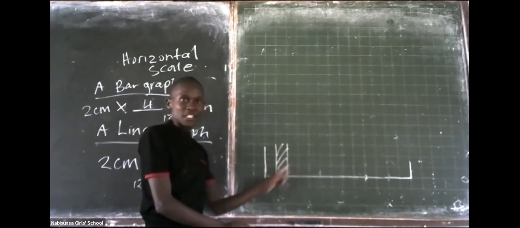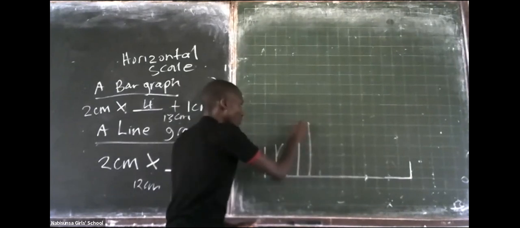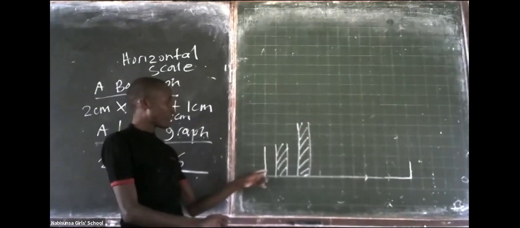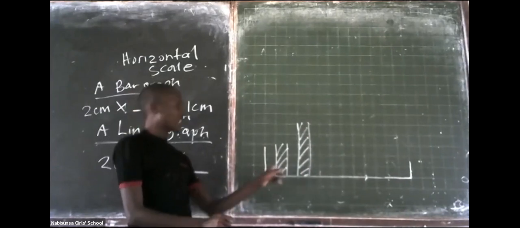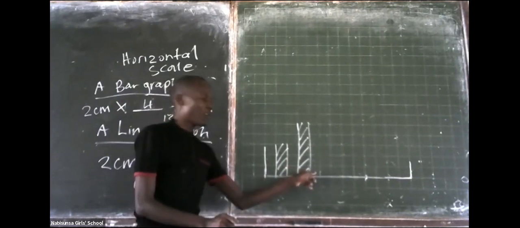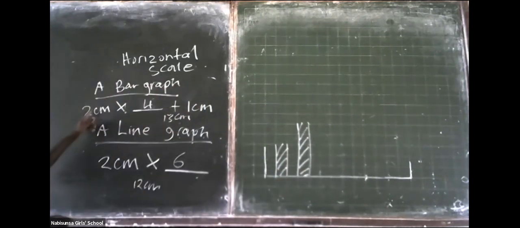So each item I have given 1 centimeter for space and 1 centimeter for representation. Are you getting the idea? That's why we use 2 centimeters.